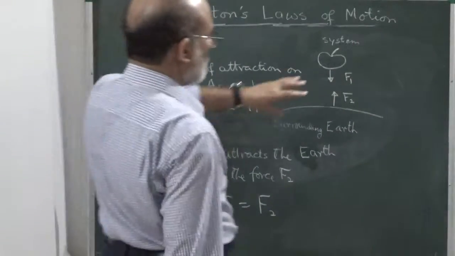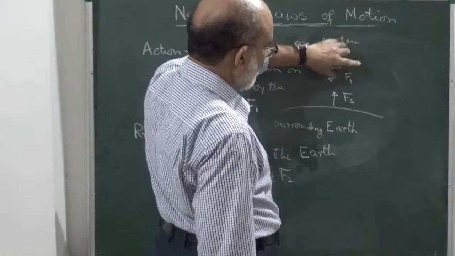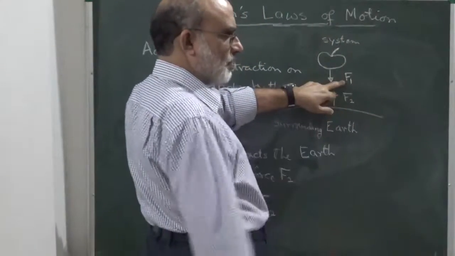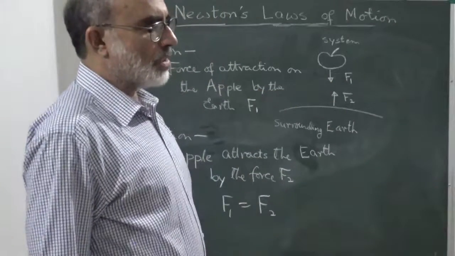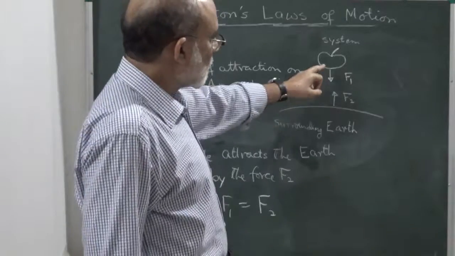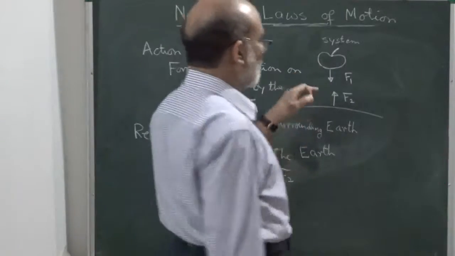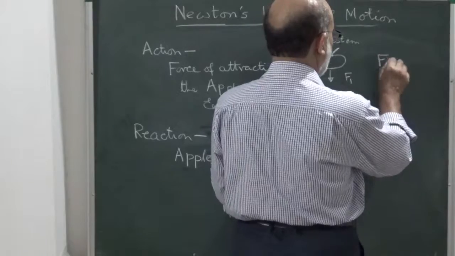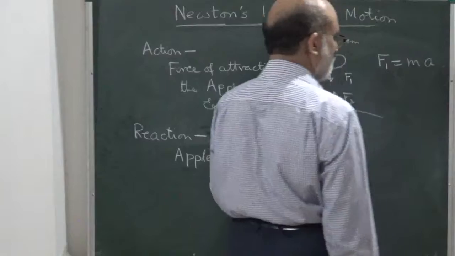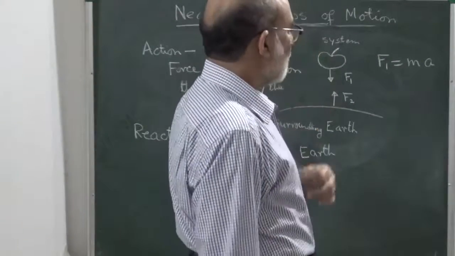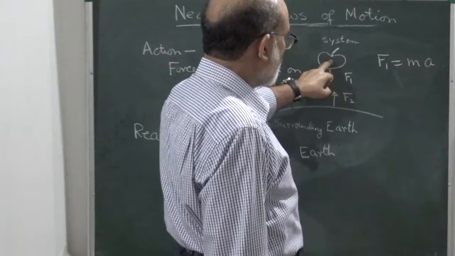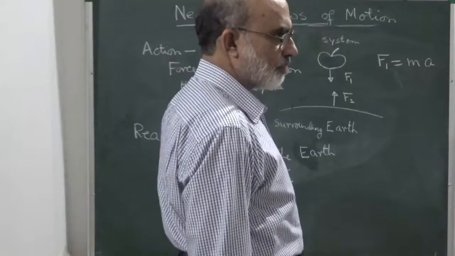So if this force acts on this apple, what will this force, according to Newton's second law, give? It will produce a change in the inertia of the apple. It means that it will produce an acceleration in the apple, and that will be written as F1 is equal to ma, where m is the mass of the apple and a is the acceleration of the apple.